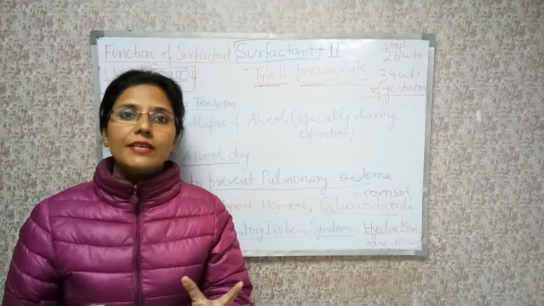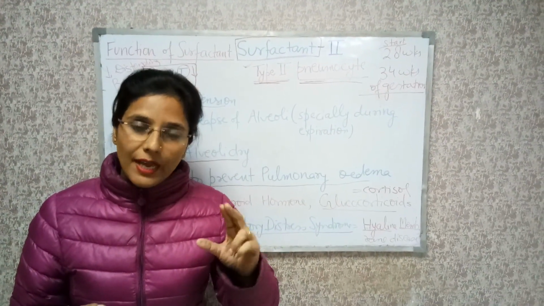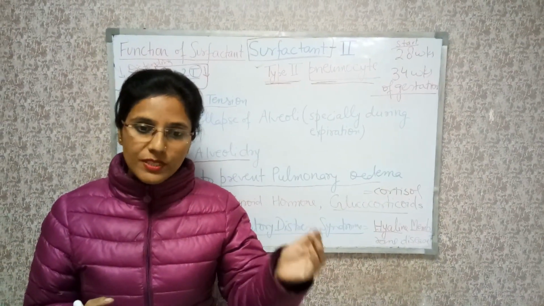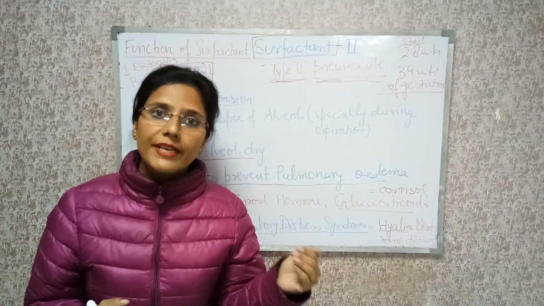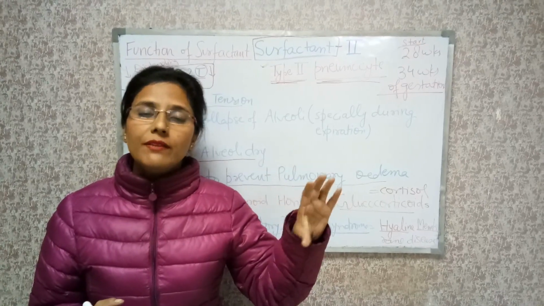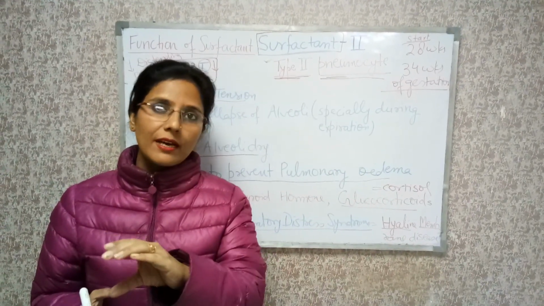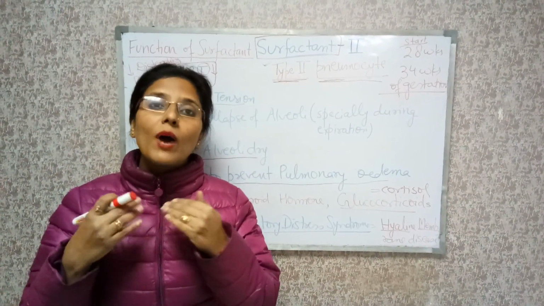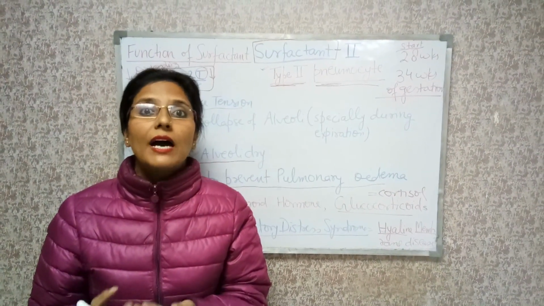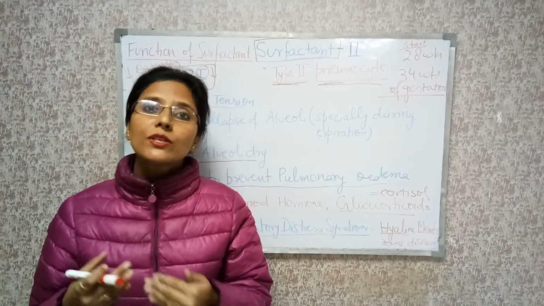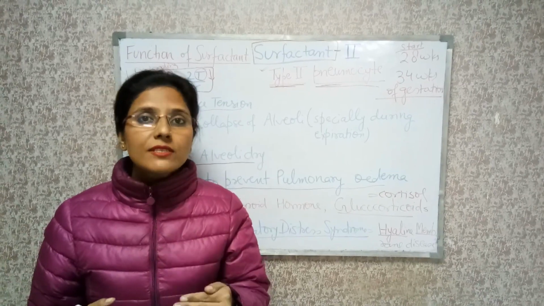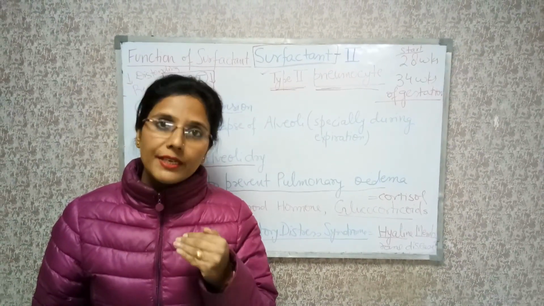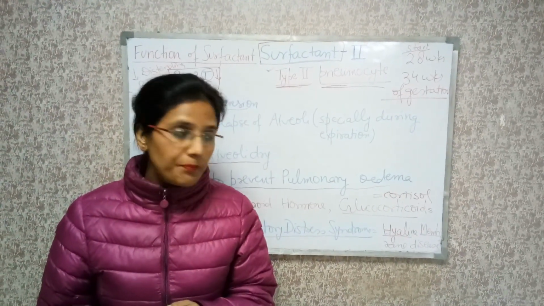Normal delivery is good for surfactant maturation, because when the baby passes through the birth canal, there is higher cortisol production. This is known as the stress hormone. So the chances of maturation of the surfactant are more during normal delivery.